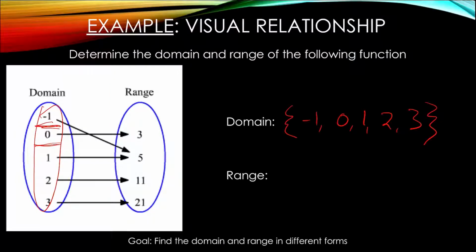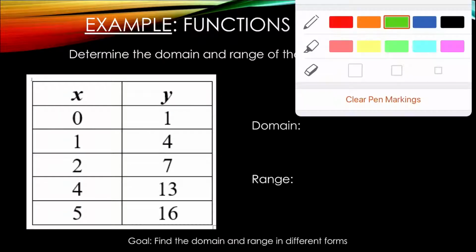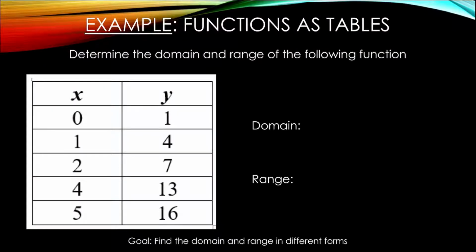And we do the same thing for the range. In this case, we just list all those: 3, 5, 11, 21. Each one individually. We do the exact same thing with a table.